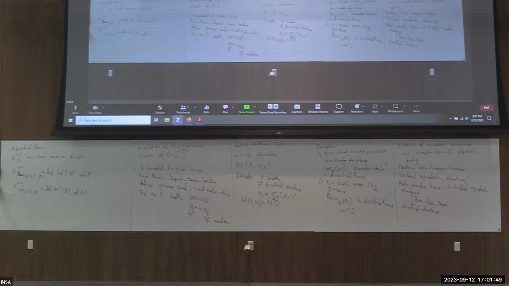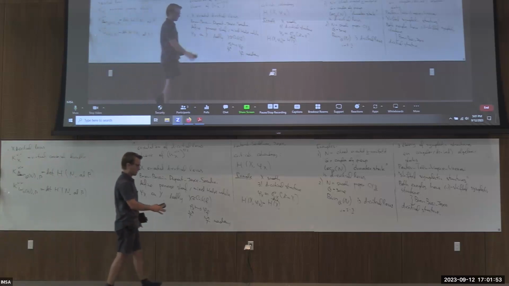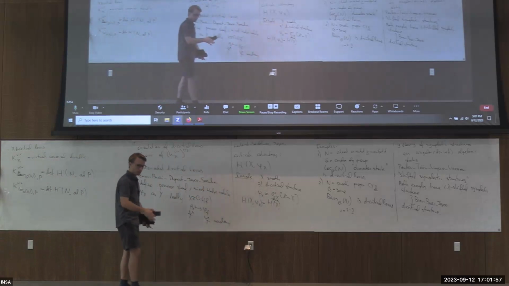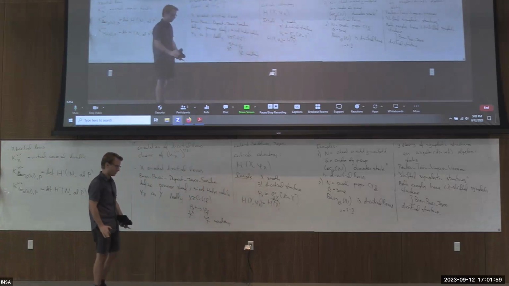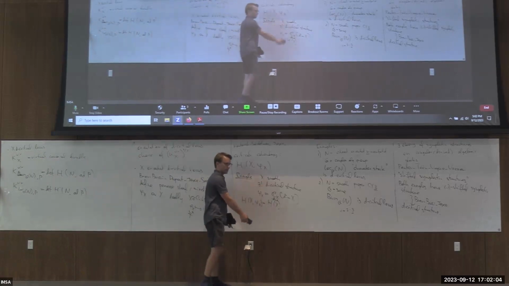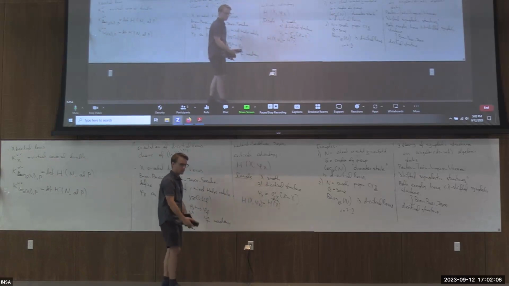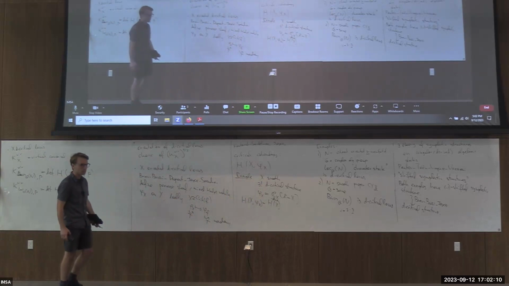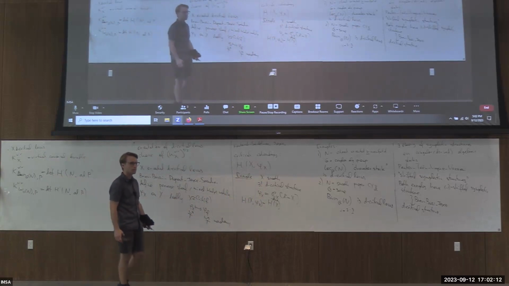You mean non-reduced? Yeah. So if X is not reduced, when I say smooth, I mean reduced, smooth in the sense. Yeah, if it's not reduced, then there might be different structures. I mean, the more multiplicity.